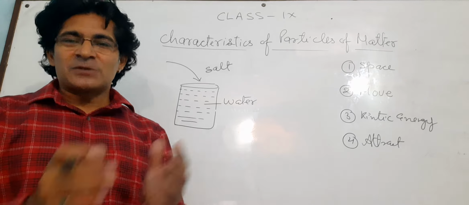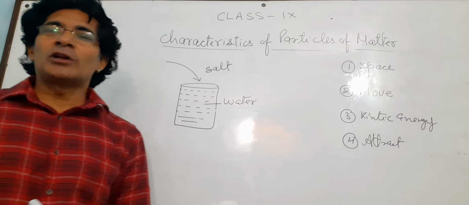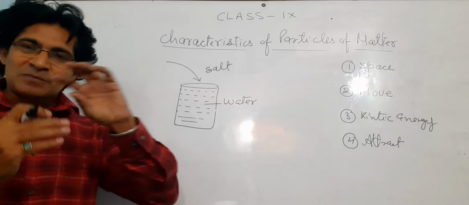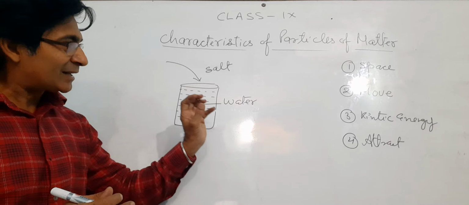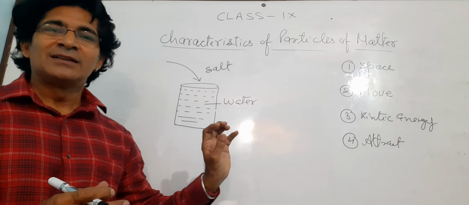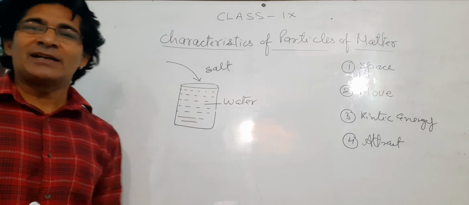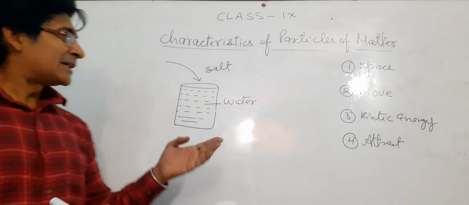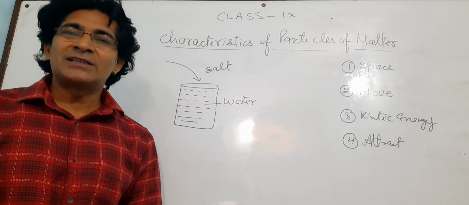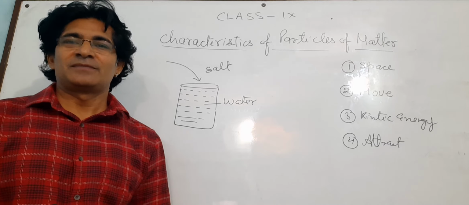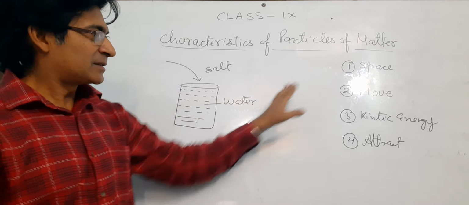This explains that the molecules have space between them which other matter has occupied, so the salt gets dissolved in it. This is also known as interparticulate space. So this was the first point.